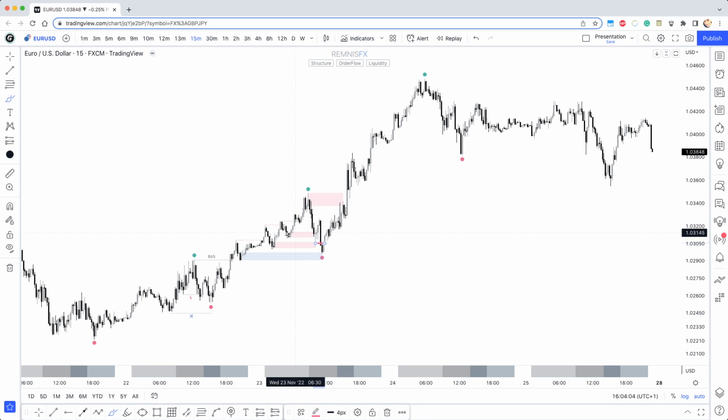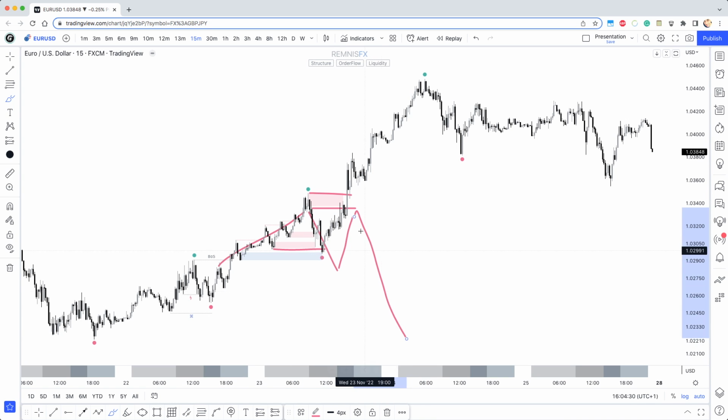Everyone who had entered here because of these BOS, right, got also taken out here, okay? And then what happens? They think that price has changed from being bullish to bearish, and they expect price to come back to mitigate perhaps this extreme order block, and then they expect that the price bounces from that area to the downside, right?